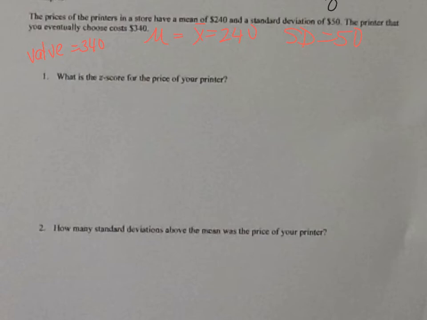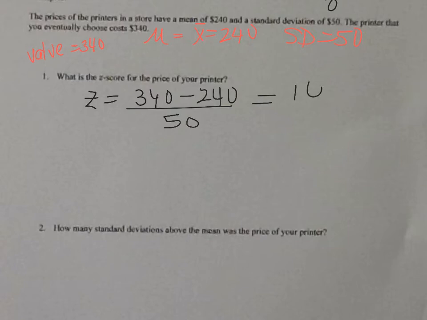What is the z-score for this printer? So your z-score is the value of your printer, which is 340, minus the mean, 240, divided by the standard deviation, which is 50. So that's 100 over 50. So your z-score is 2, which means it is 2 standard deviations above the mean, because it's positive 2. So it's above the mean.